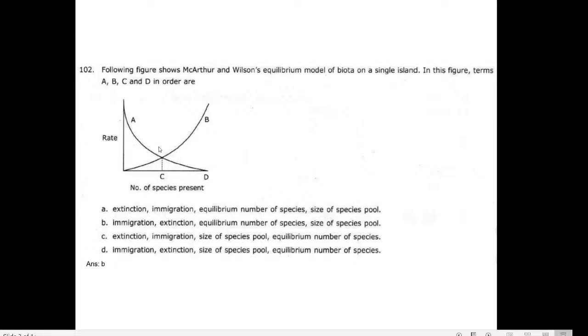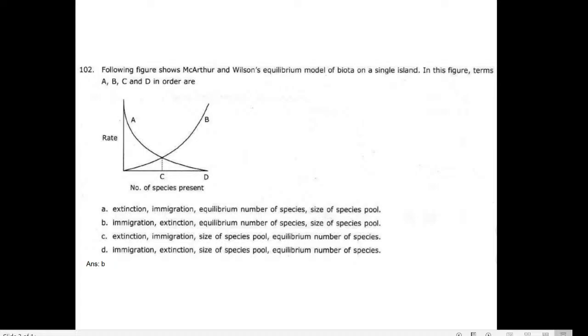So with immigration, sometimes species move and sometimes they don't. So the first, A, is immigration. Then B, the rate is high, the number of species is high, and this is extinction. In extinction, the rate of species present is increasing, toward full extinction in the particular area.